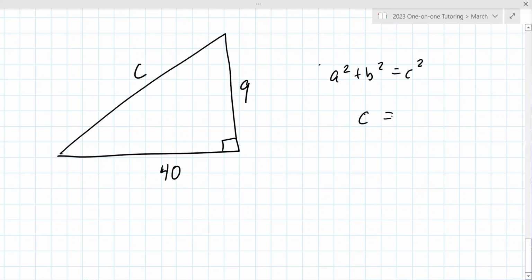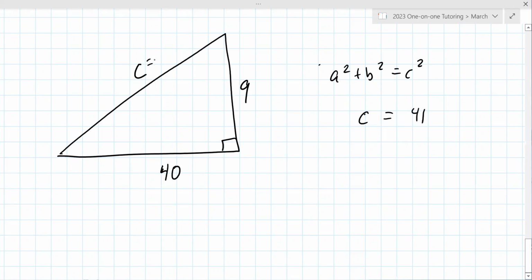What is the hypotenuse? Well, you have to add them. 1,681. Okay, what is the value of c? The value of c is 41. C squared is 1,681, yes, c is 41.